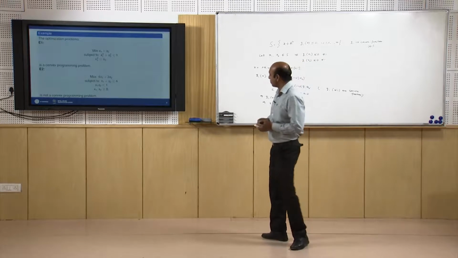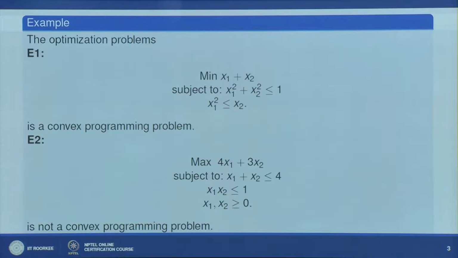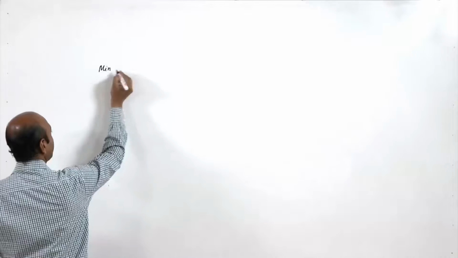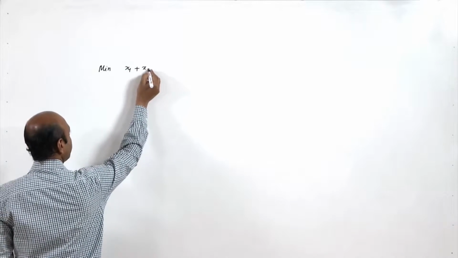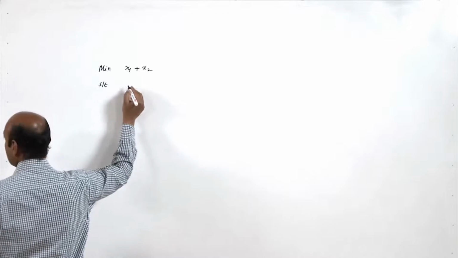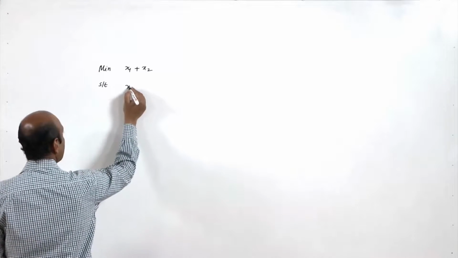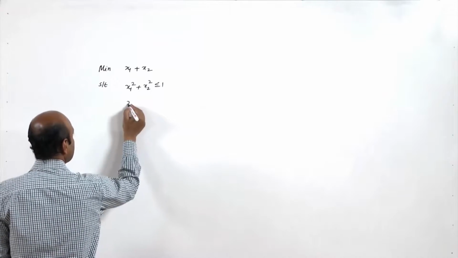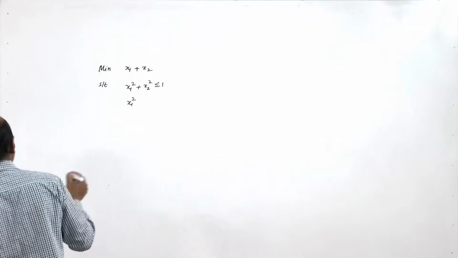Now, let us discuss a few examples of convex programming problems. The first example is minimizing x1 plus x2 subject to the first constraint x1 squared plus x2 squared less than or equal to 1, and the second constraint x1 squared less than or equal to x2.